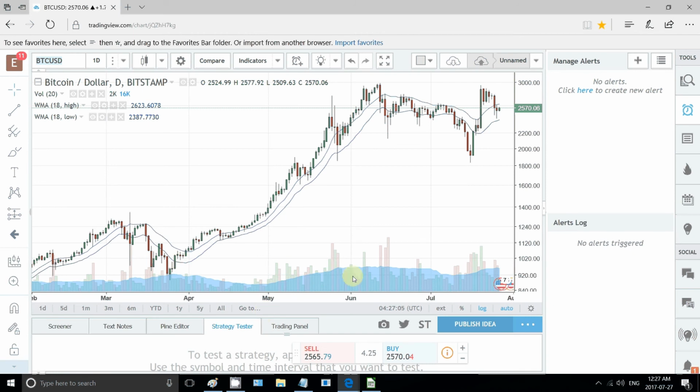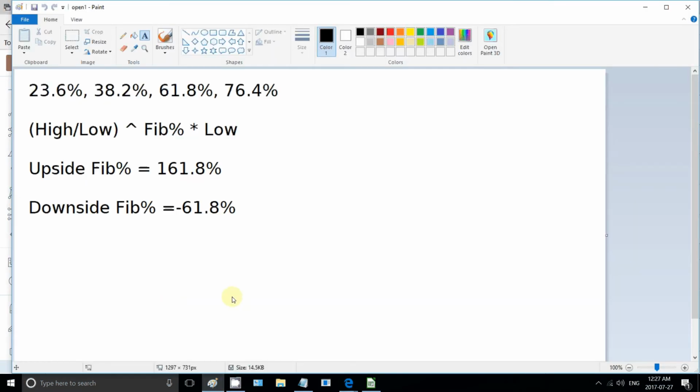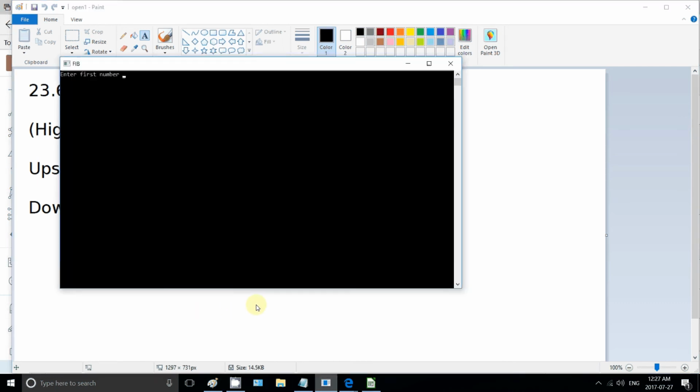And if you're interested, all I can really state for now is it's just this simple formula: high divided by low to the exponent of the fib percentages. So the ones that I use are these four numbers that you see. If I do an example, you will see that with the upside and the downside.